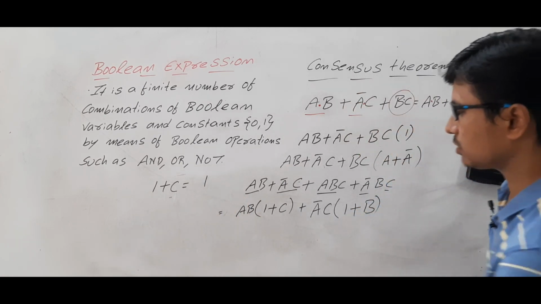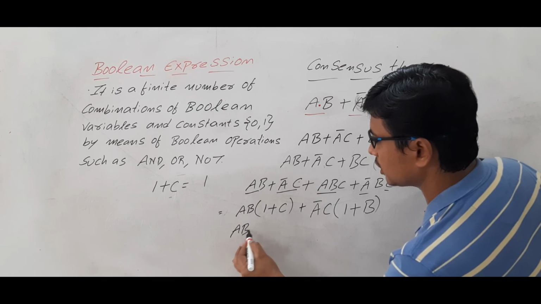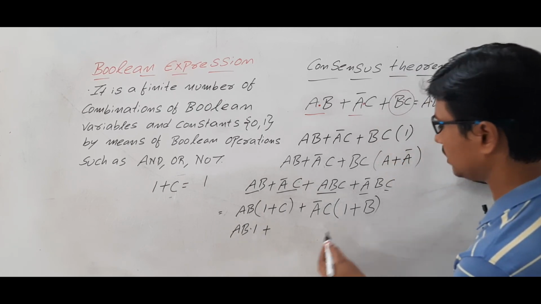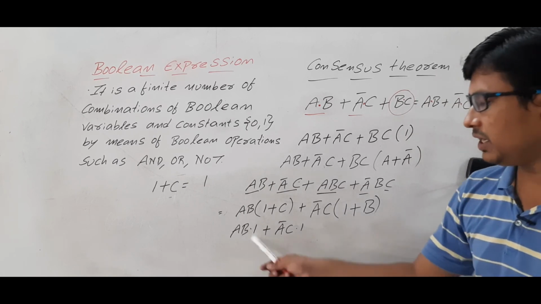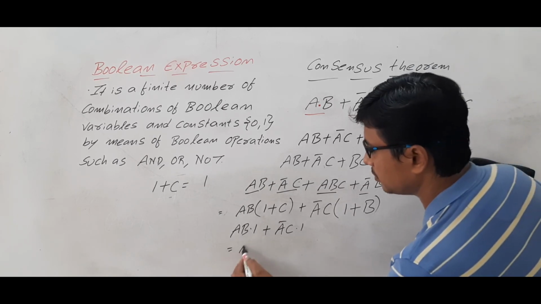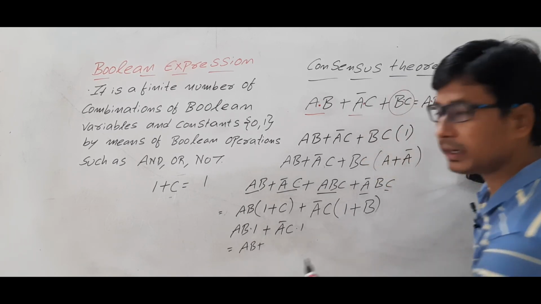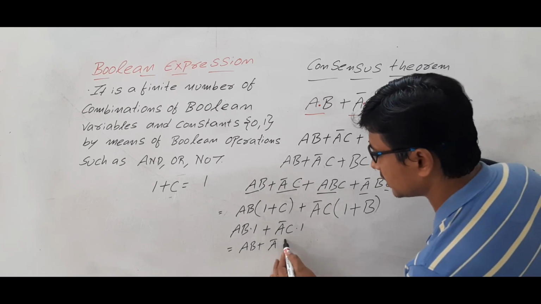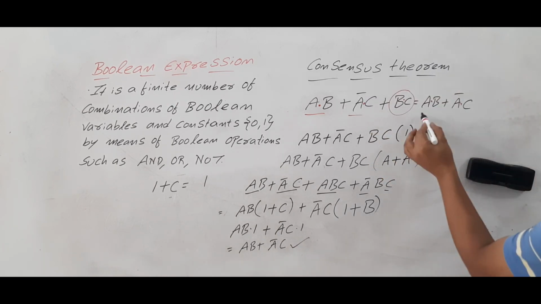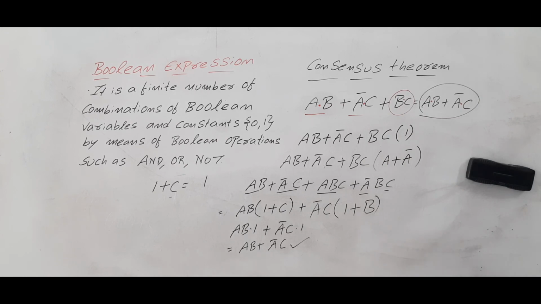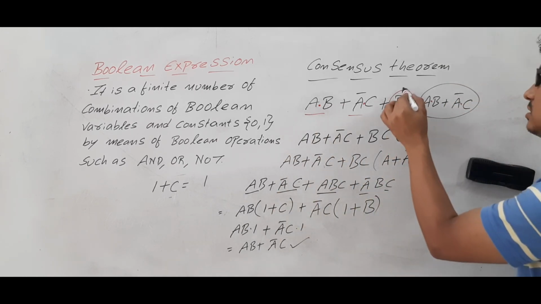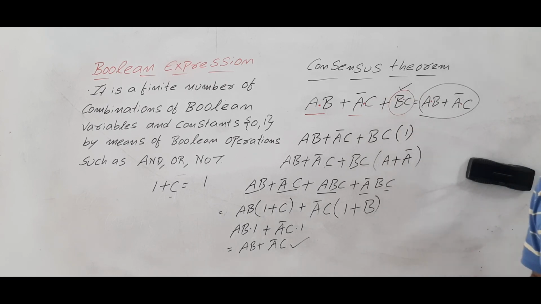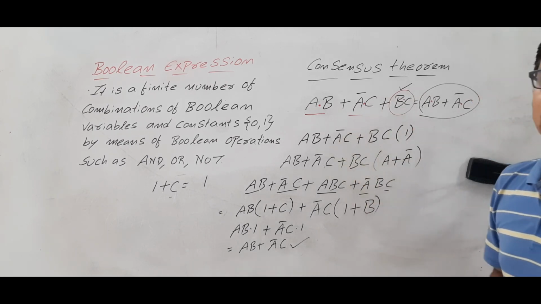Am I right or wrong? So this will be equal to 1, and this also will be equal to 1. So AB and 1 is equal to AB, and A complement C and 1 is equal to A complement C, which is equal to the given RHS. So we have proved that LHS is equal to RHS. This is the redundant term. We have removed it, so we have simplified the expression.